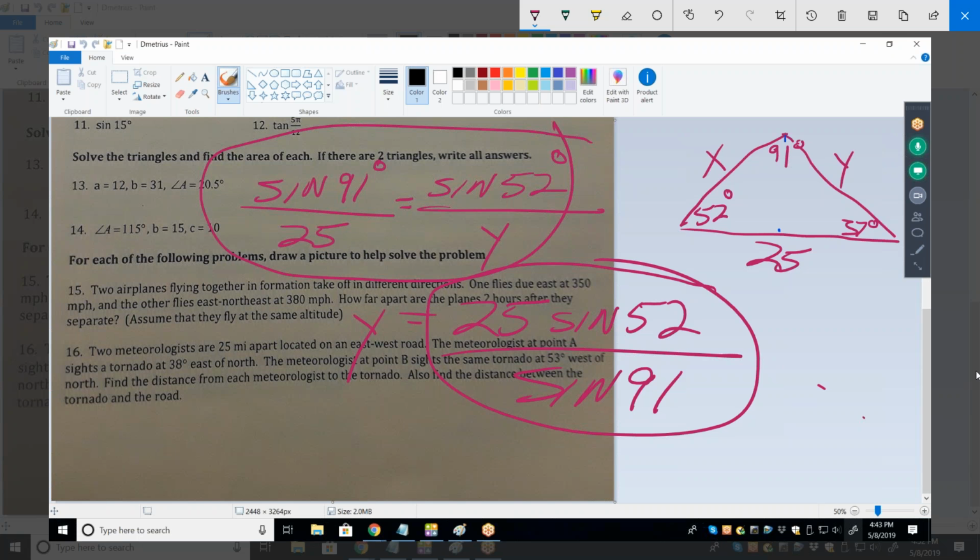That's what y is going to be. Negative 28.5. Okay, it can't be negative. First of all, sine of 52 degrees in the first quadrant, that's positive. Sine of 91 degrees is in the second quadrant, that is positive. So I've got nothing but positive numbers.